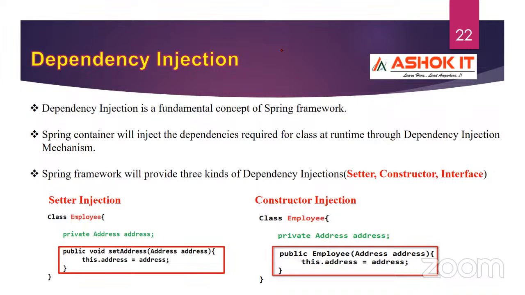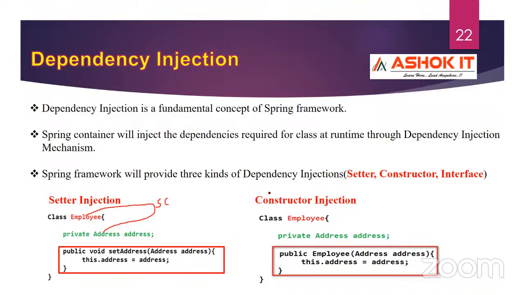I'm not creating objects of the employee class and address class here. If you see the code snippet, the employee class object and address class object will be created by whom? Spring container only. Spring container only will create these two class objects, and will inject the address class object into the employee class by taking the help of the setter method. That is called setter injection.